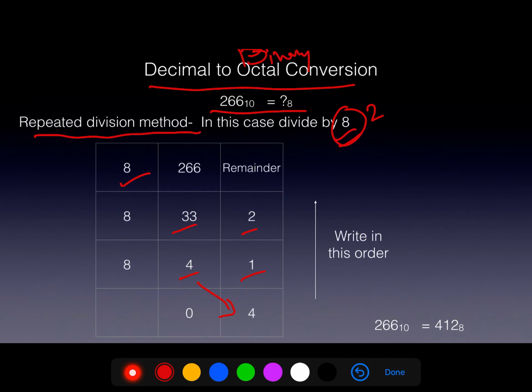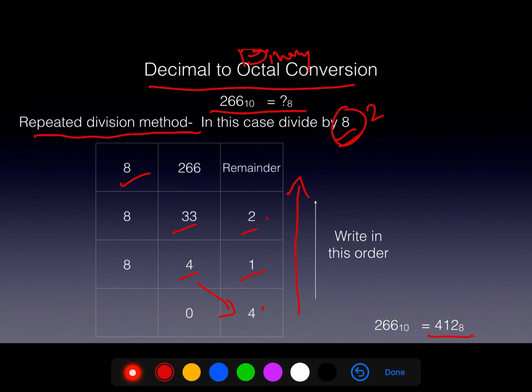Now 4 is not divisible, so it is taken as it is. Reading the remainders from bottom to top, the answer is 412. So 266 base 10 is equivalent to 412 base 8.